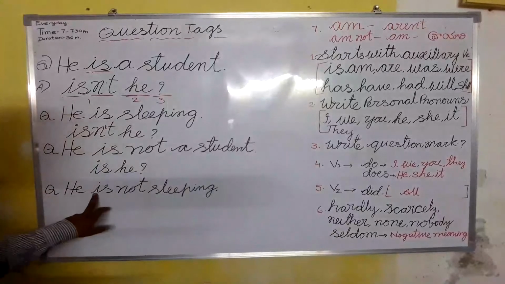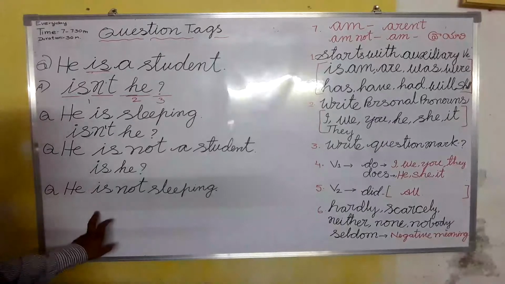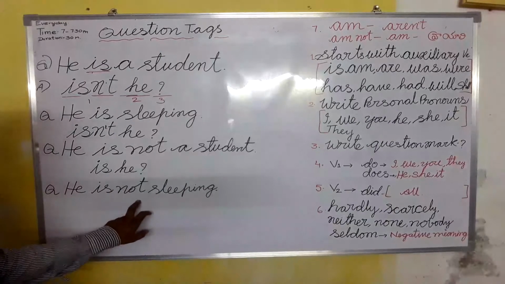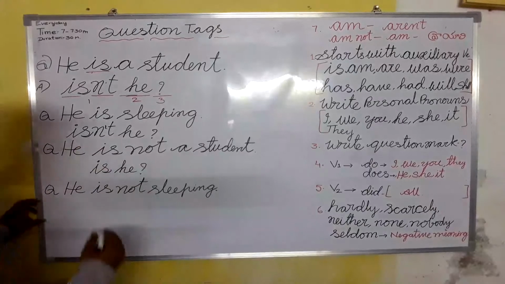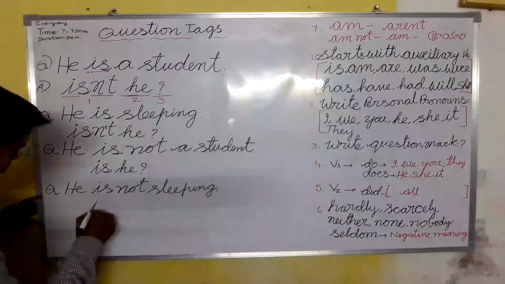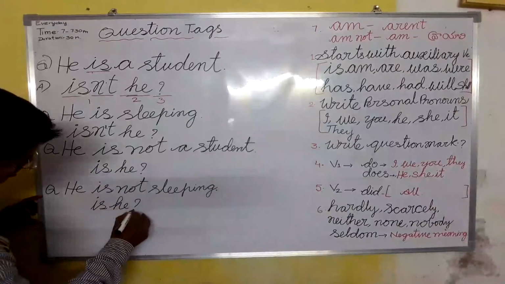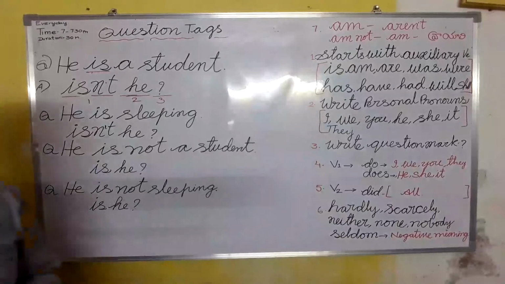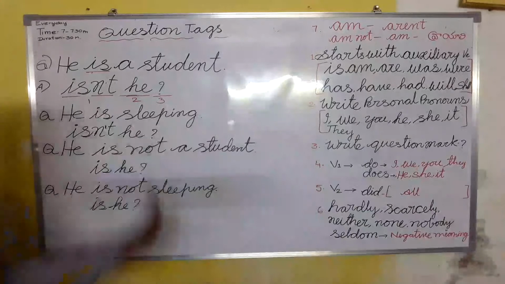So the helping verb is here, so the answer starts with the helping verb. Is it positive or negative? It is negative, so the answer should be positive only. So, is he? Question mark. Are you able to follow? Please kindly note this one.